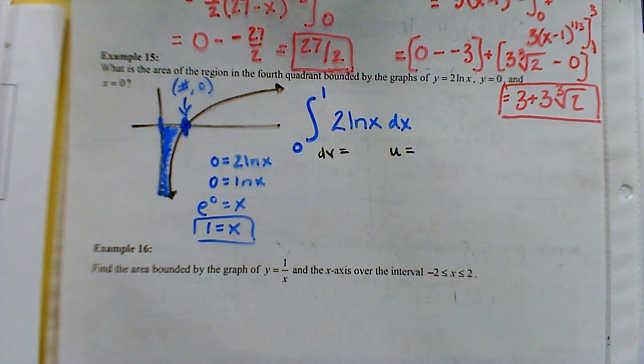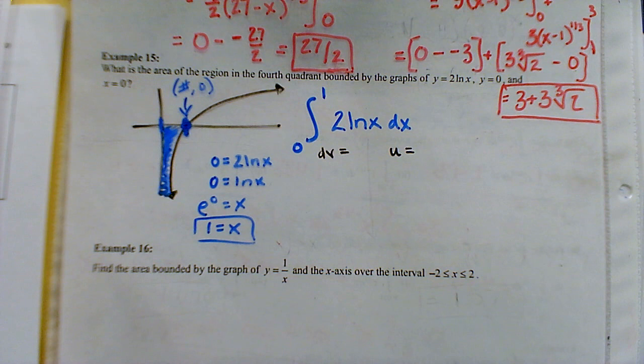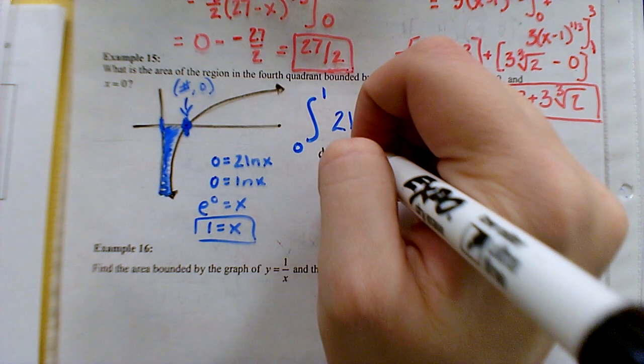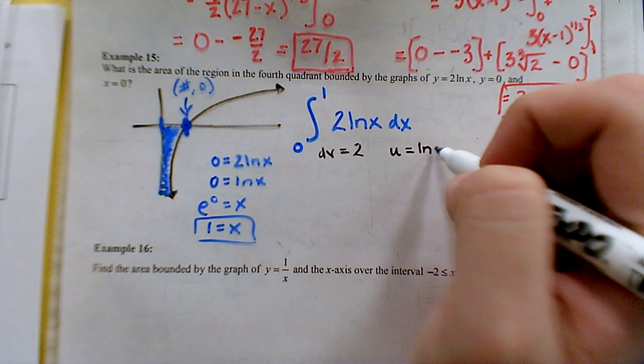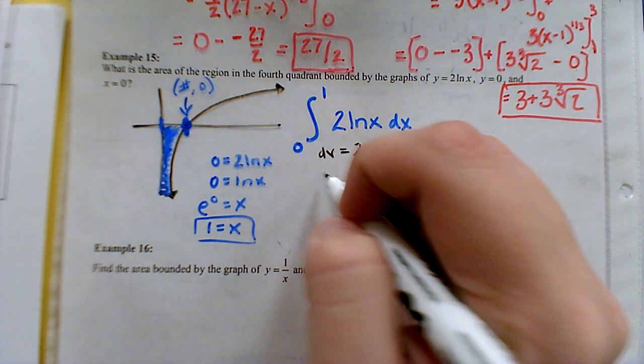So if you think about that whole detail acronym, what do you want to let dv be, and then therefore what is u? dv is 2. That's algebraic, right? It's considered a constant function, which means the natural log would be u.